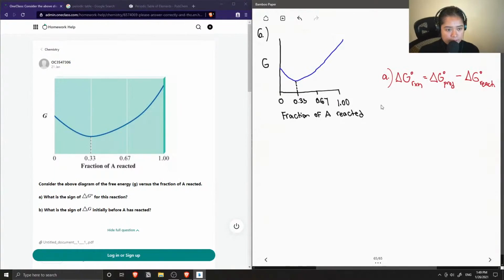If we look at our graph, you can see that the Gibbs free energy of our reaction increased as more A reacted.